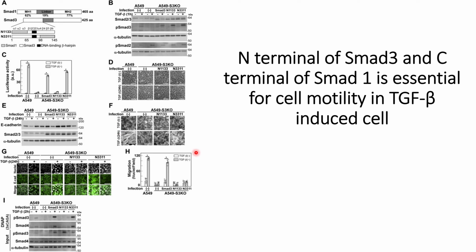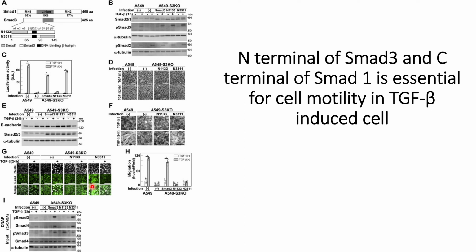The panel F also shows the same thing. Cell morphology changes in the MH2 integrated domain in the Smad3, but not with the MH1 integrated domain in the Smad3. And when they checked E-cadherin using immunostaining, it shows the same results that we have seen in the Western blot in panel E.